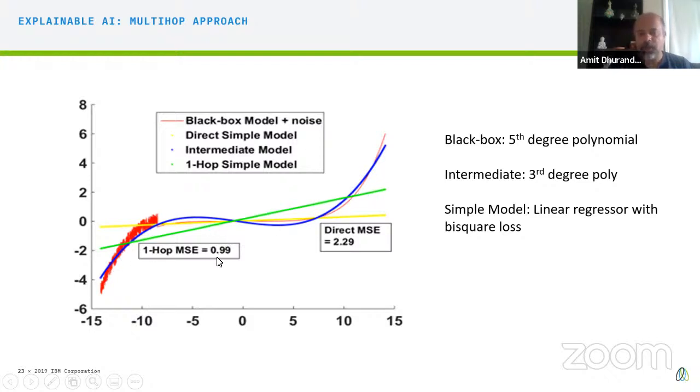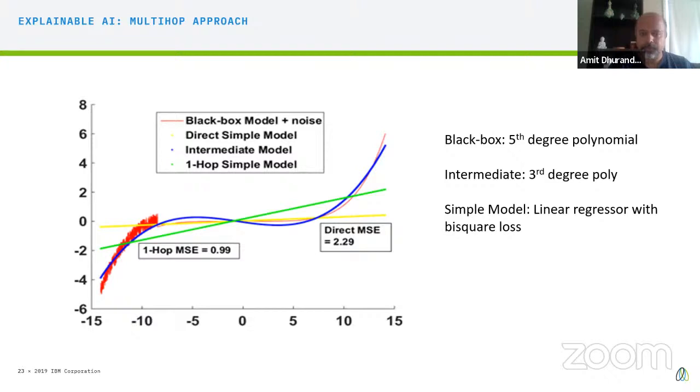And as it turns out, its mean squared error is less than half of directly fitting. So even though it's 2 stages of approximation rather than just direct approximation, this actually leads to better performance in this case. So you could even get better models by doing this multi-stage approach.